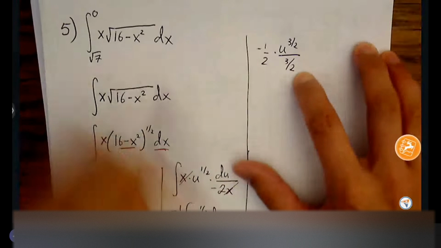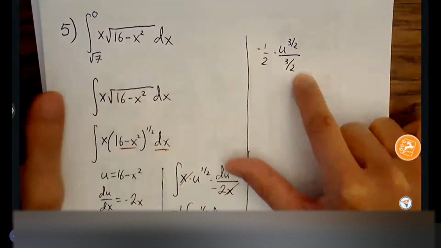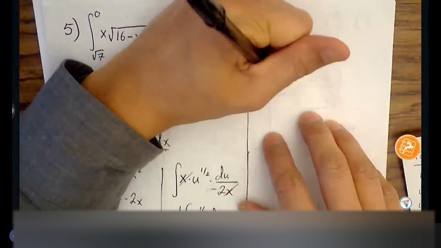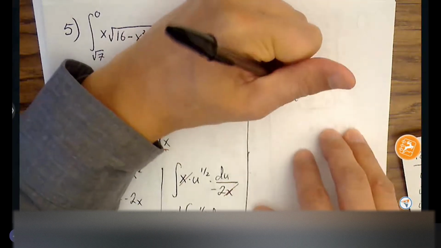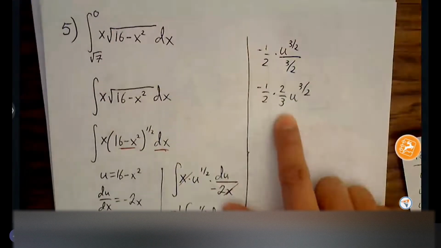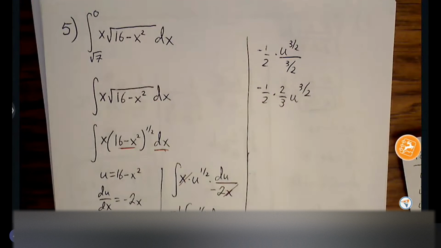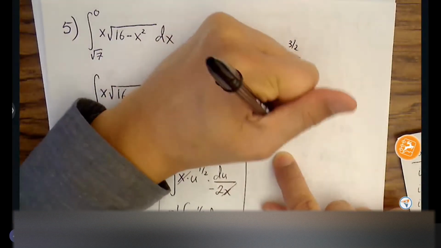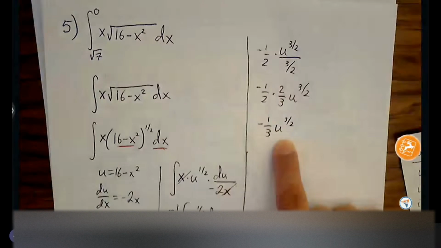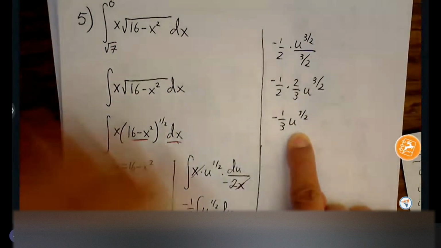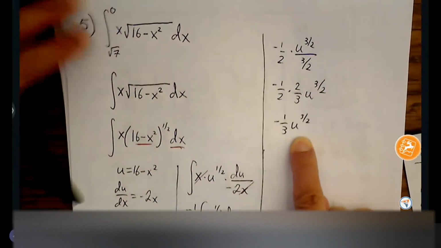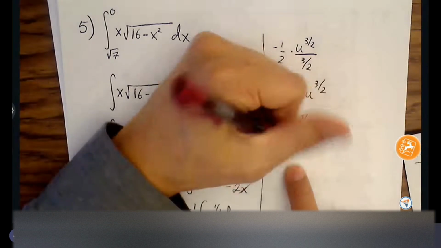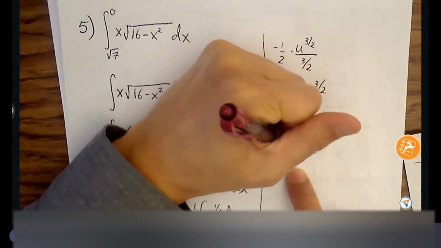No need to have plus C because now we know that we have bounds to worry about here. So we have two options here: leave it in terms of u and convert the bounds. I'll do both methods and you can choose which one you want to use on the test.